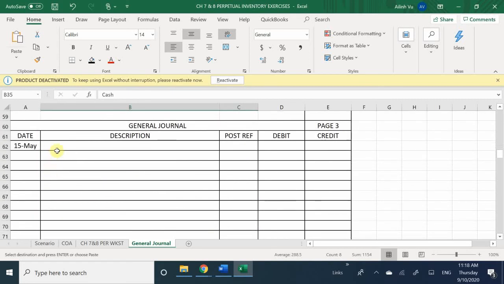Cash and sales. We're dealing with one transaction at a time. The first one is recognizing the sale. What did we sell? What did we receive? We received cash for the sale.